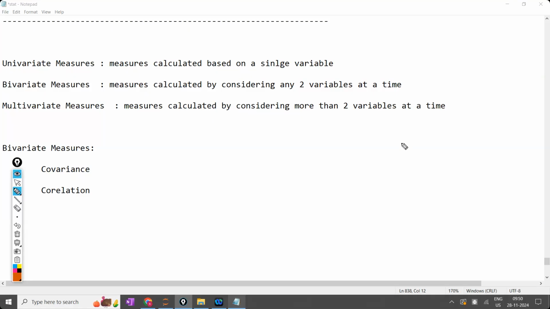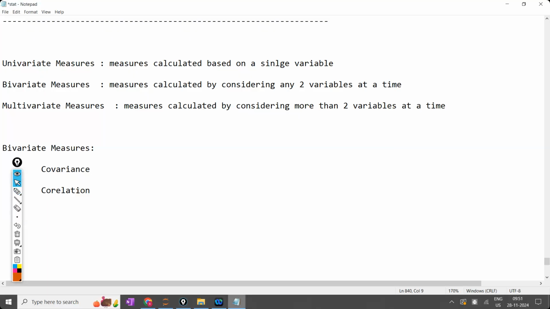Covariance is nothing but the variance of one variable to another variable: how much impact the second variable has based on the first variable. The same thing I apply in my analysis every day. Every day I use covariance and correlation in the stock market, whatever I do.